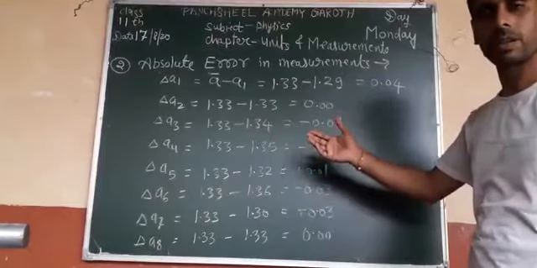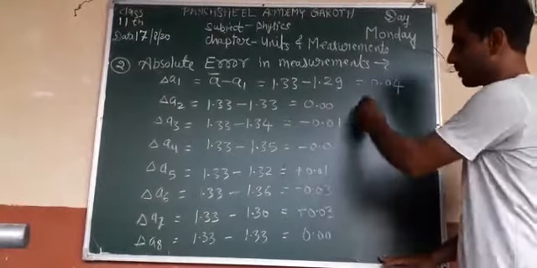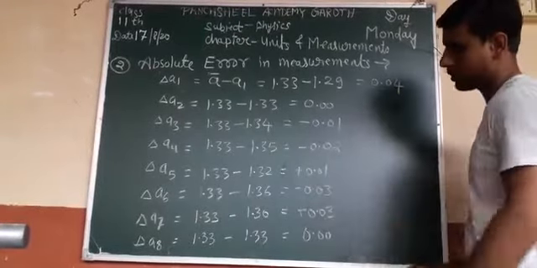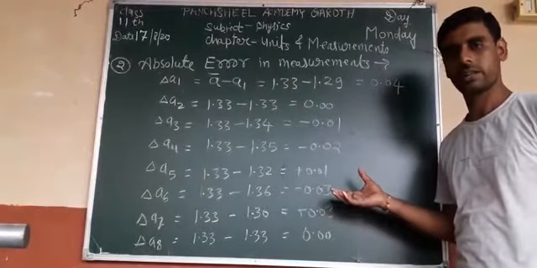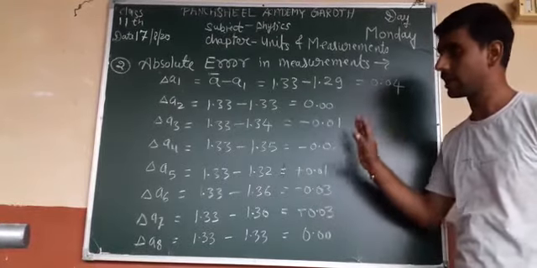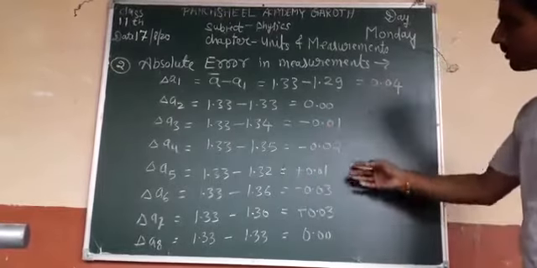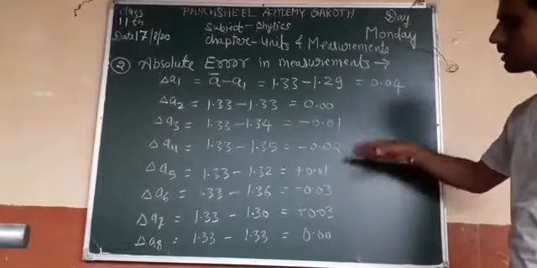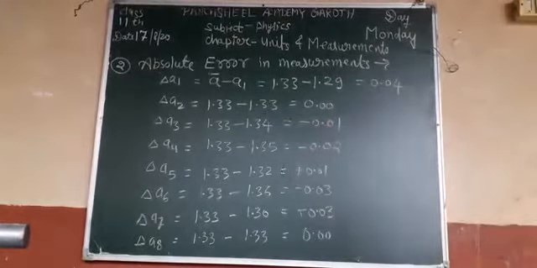Now find the average of all these values. This negative value we also take positive, because delta A mean we always take positive. Delta A is always taken as positive. So please neglect the minus sign in these three readings and find their mean.